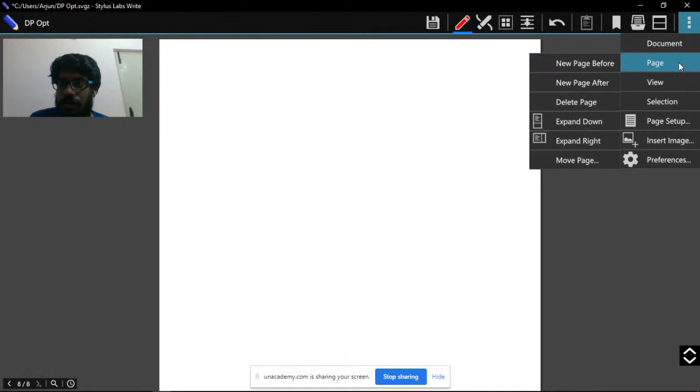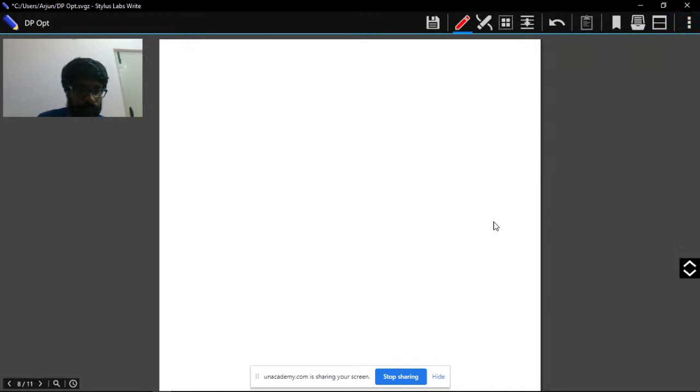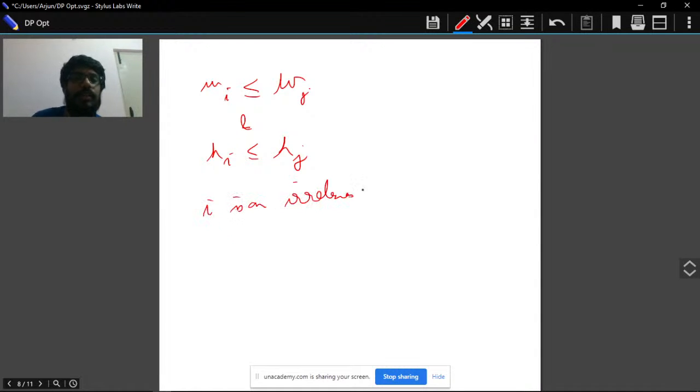In particular, if Wi is less than or equal to Wj and Hi is less than or equal to Hj, then i is an irrelevant rectangle. So I'll just remove the ith rectangle and my solution doesn't change.